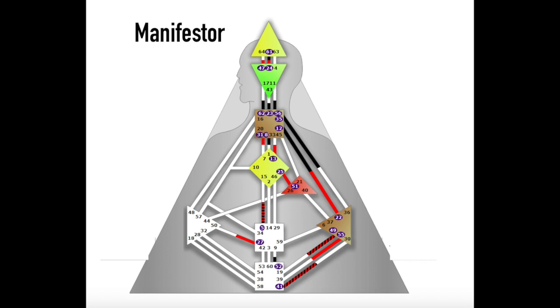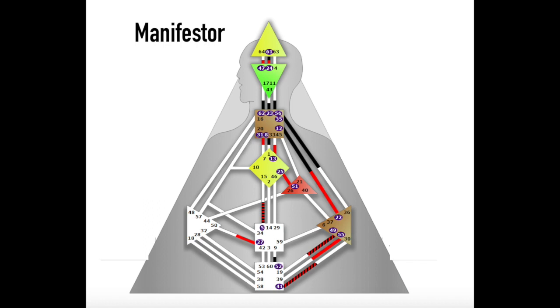And then the other factor with the manifestor that you'll note on the chart is that the sacral center, which isn't the very bottom square, but it's the one right above it, is going to be undefined or open, which means it's not colored in. So that is the center that really defines the generator group, which is the next group that we're going to talk about.